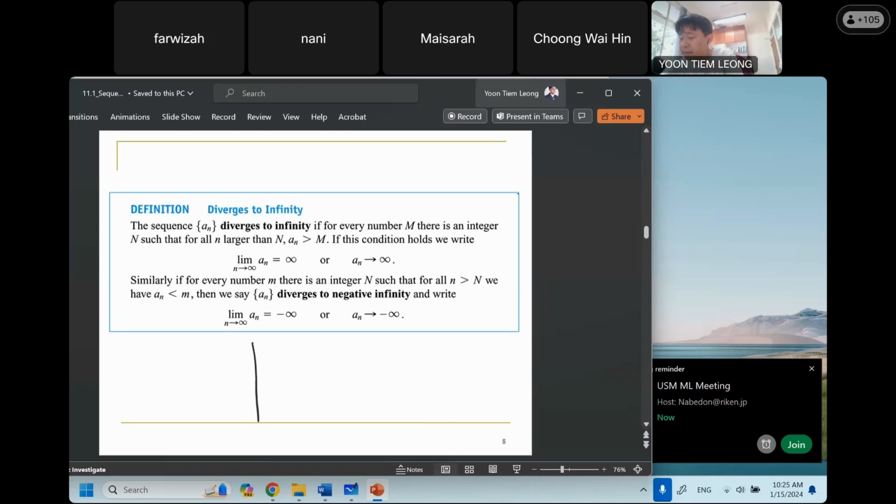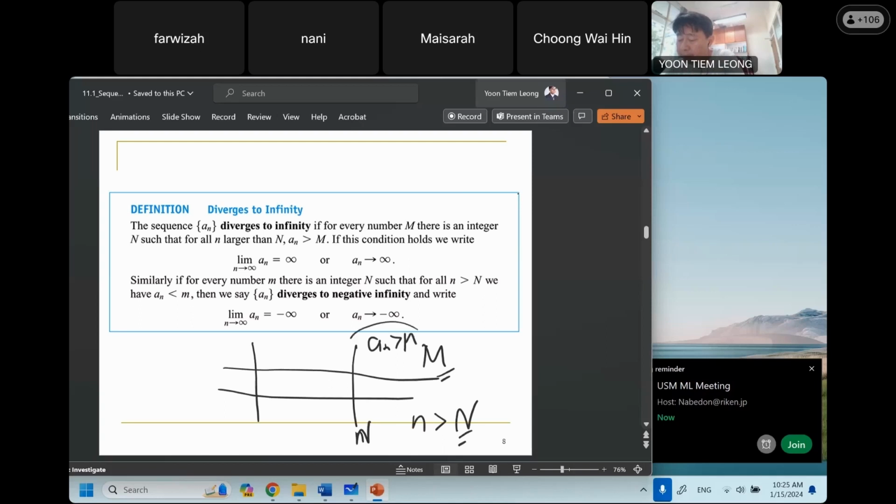Basically, it means for whatever value of M that you can think of, any positive number, if the sequence diverges, there always exists a capital N such that when n is larger than the capital N, the a_n is always larger than M.